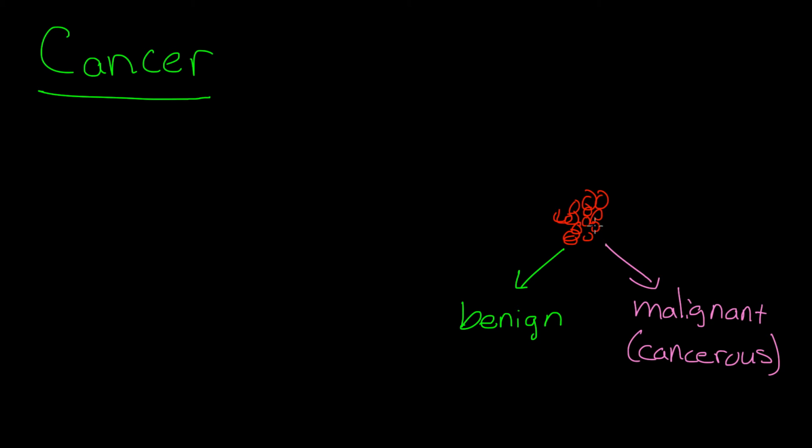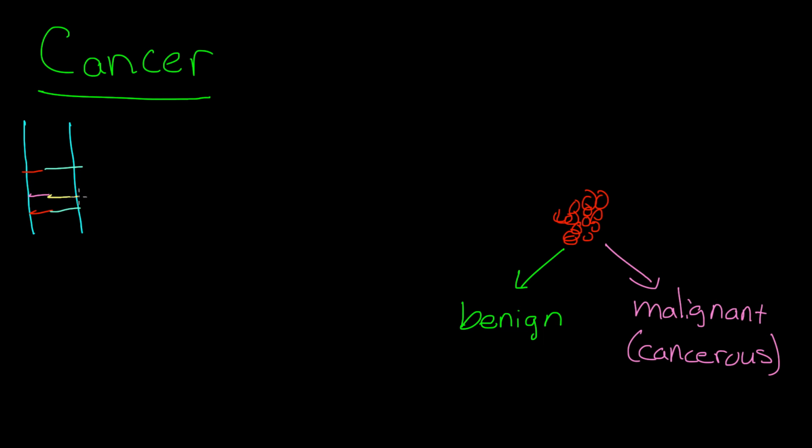So we said that tumors result from a damaged cell, but what does that really mean? If we go back to our picture of DNA, our double strand, and we have these nucleotides, maybe those are A's and these are the T's, and then we've got our C's and our G's.